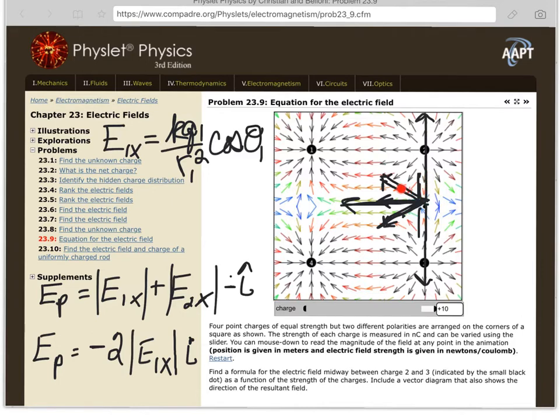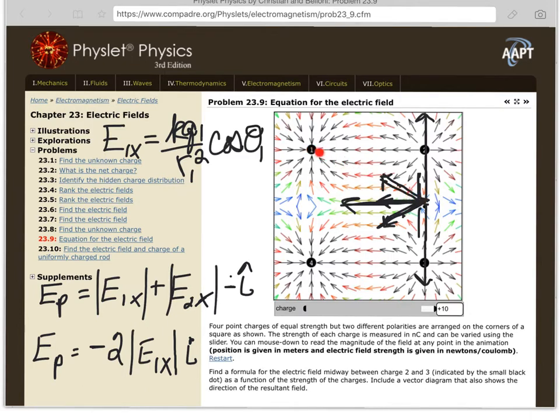So this distance is a right triangle. This is s. This is s over 2. What's this going to be? It's got to be bigger than s. So it's going to be s squared plus s over 2 squared, or s squared over 4. So s squared plus s squared over 4, that's 5/4 s squared, and then you take the square root.